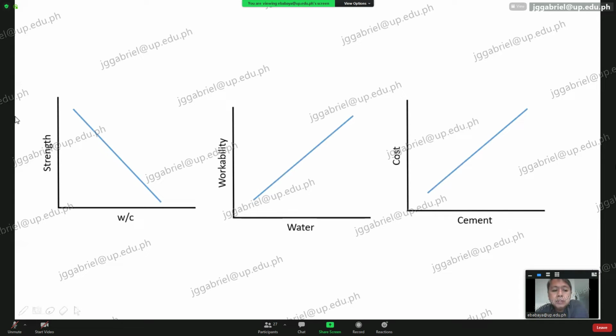Now, for the water-to-cement ratio, if you have too much water, your strength will decrease. So as much as possible, the amount of water should only be the amount that is just enough to facilitate the hydration. Okay? Of course, it also has an influence on workability.